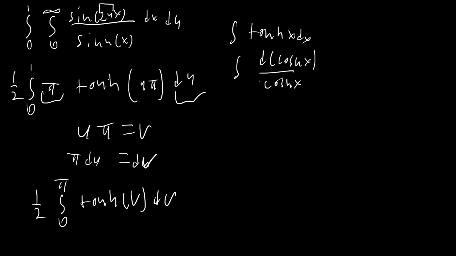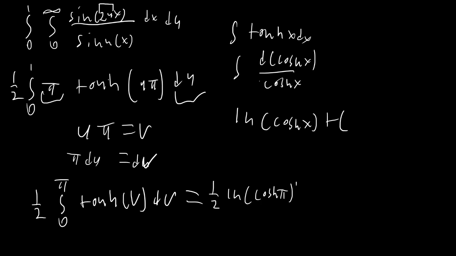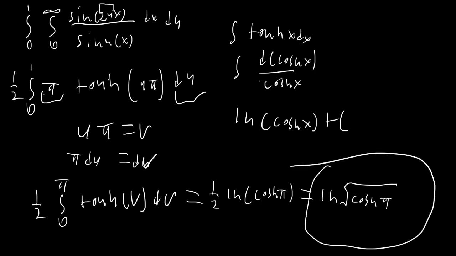And this would make our integral ln of the absolute value, but we don't need absolute value because cosh is always positive. And so that's our indefinite integral. So this means we're just going to have ln cosh of x evaluated at pi and at 0. But at 0, cosh of x is just 1, and so ln of that is 0. So overall, our answer is 1/2 ln cosh pi, which is also equal to ln square root of cosh pi, which I just think is an absolutely magical result.